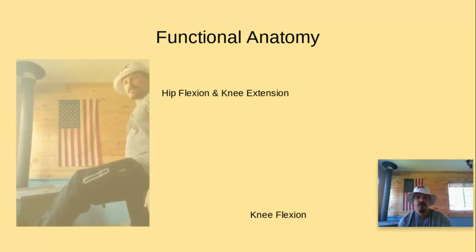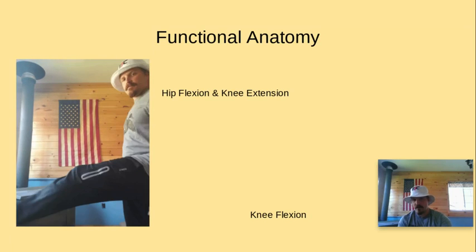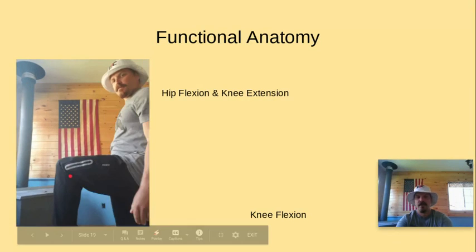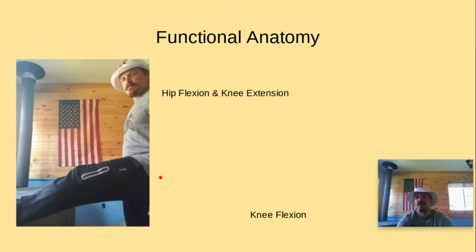So here would be standing hip flexion with knee extension. Primarily the knee extensors, if you just follow here, from the knee down is the extension part. But because I'm standing, my hip flexors have to contract as well.